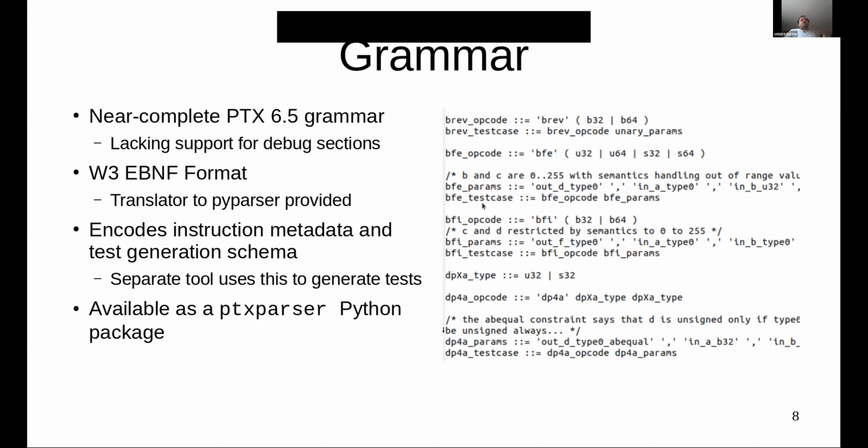But it also includes a schema for generating test cases for BFE. And this is the schema, which is a simple schema for BFE. It's just that call the instruction, and that's the test for this particular instruction. And I'll show you what that leads to next.